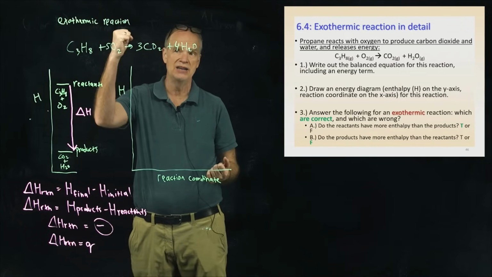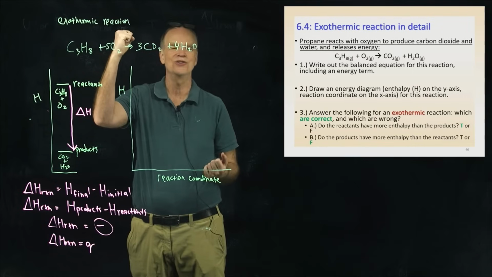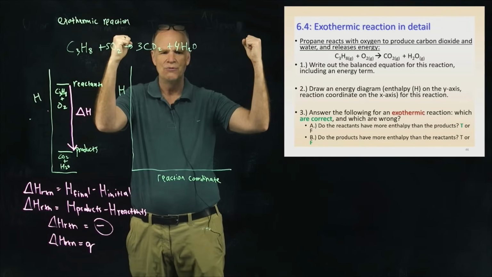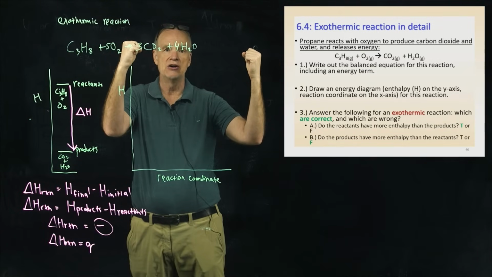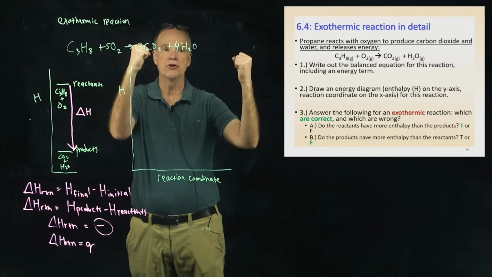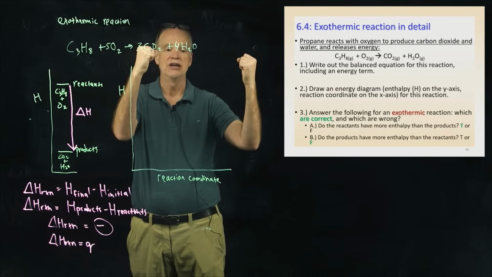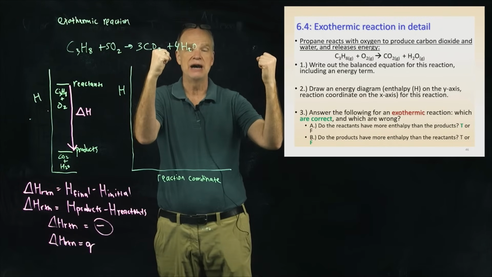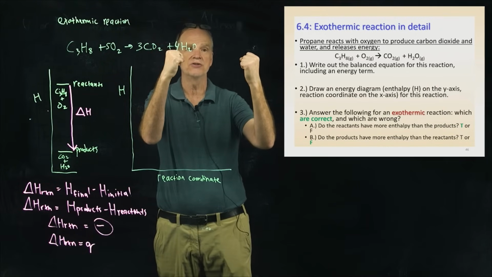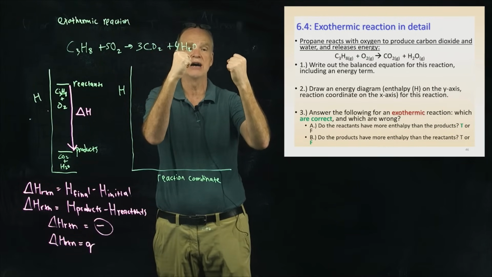So here in my left fist we have a propane molecule, and then in my right fist what we have is an oxygen molecule. And so what we're going to do is follow the level of energy as these molecules approach each other, react, and produce products. And so propane and oxygen have relatively high amounts of energy. And so as they get closer and closer, they still have relatively high amounts of energy.